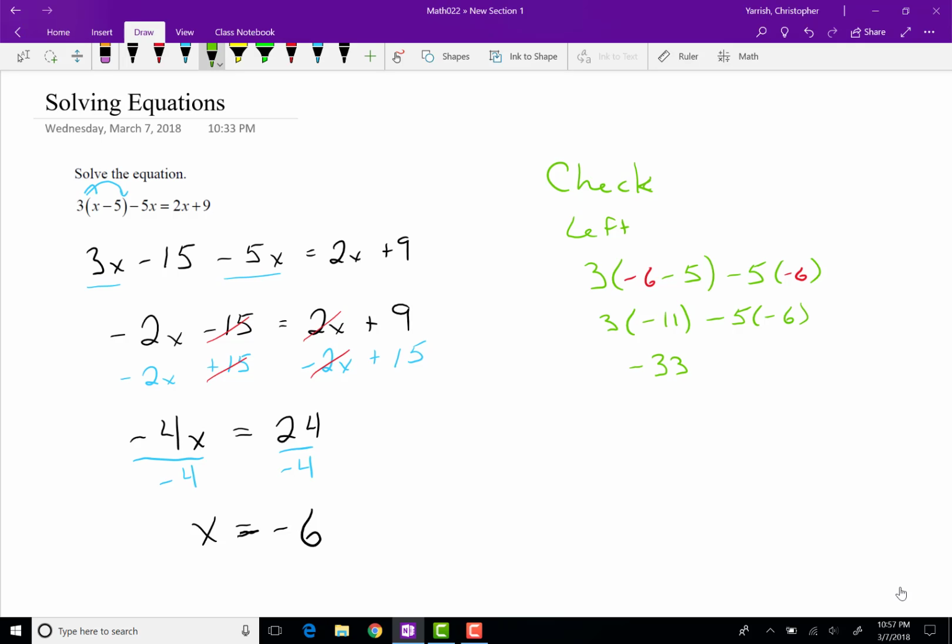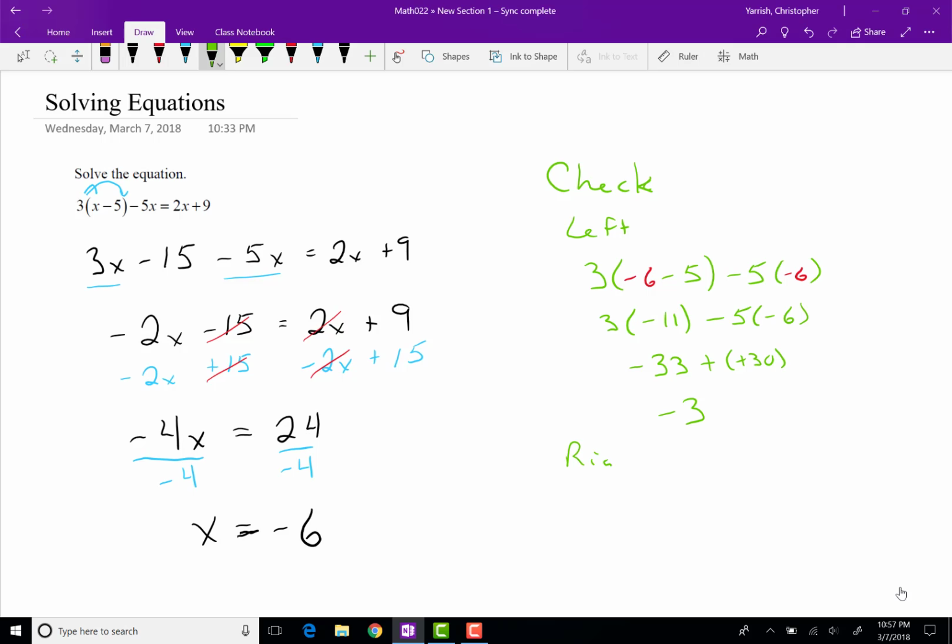And here I'm subtracting 5 times a negative 6. So I'm subtracting a negative 30. That's the same thing as adding a positive 30. So when I go to check here, when x is a negative 6, my left-hand side is negative 3.